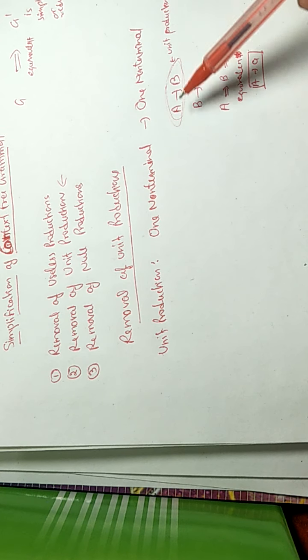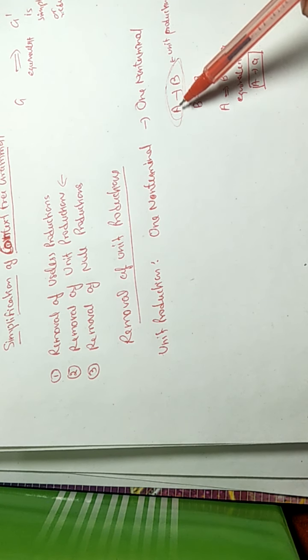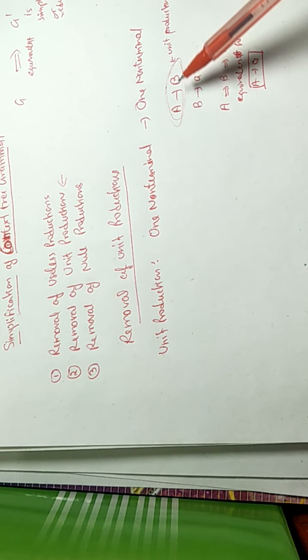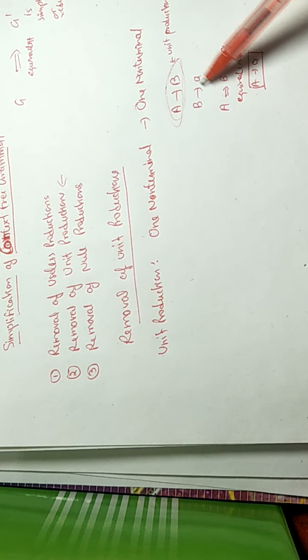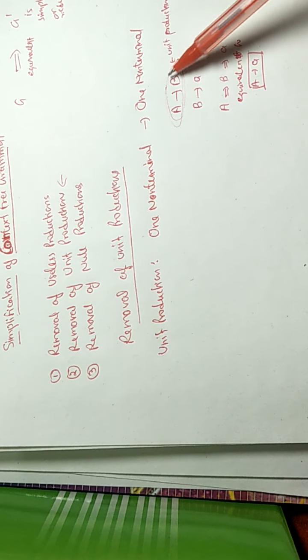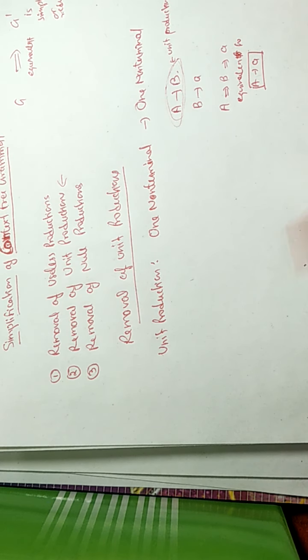We can directly write A tends to A instead of having this unit production. We can remove it easily by substituting the value of B in the place of B here.